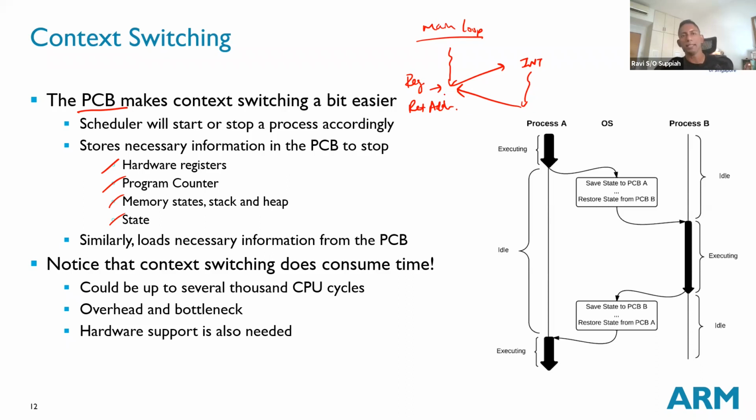But in the OS, you have a lot of other information related to the whole task. All of that information will be saved onto the process control block of that particular task. If I switch to another task, then I restore the state from that particular PCB. So the process control block is critical to hold the information related to any particular task.